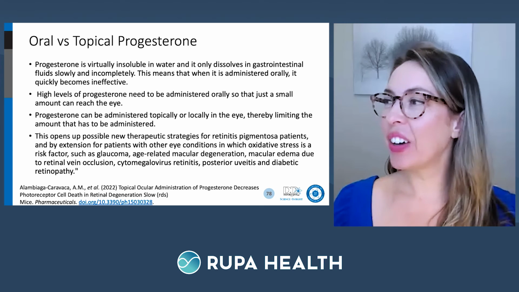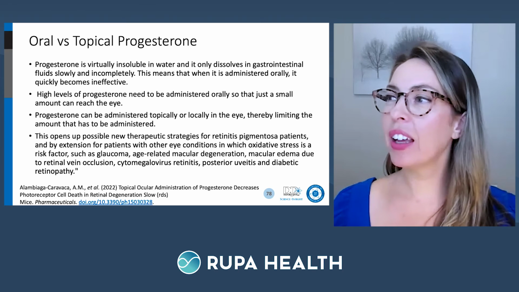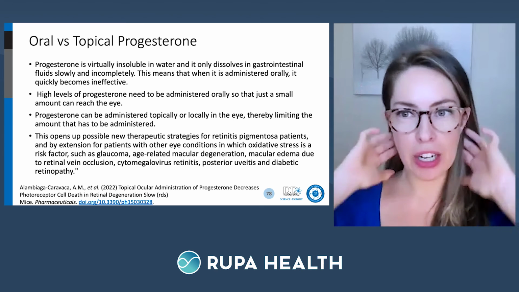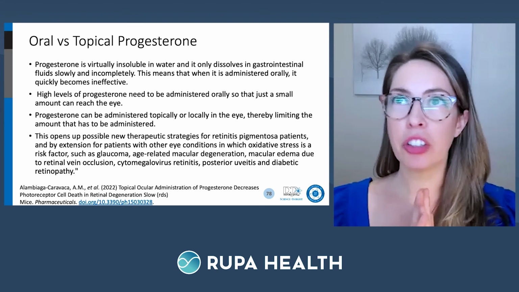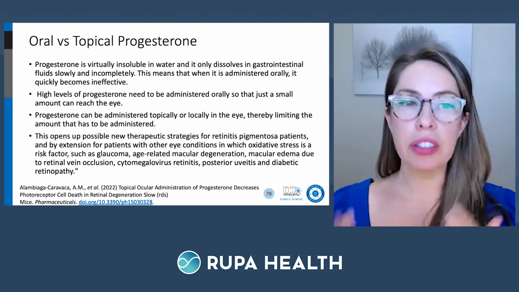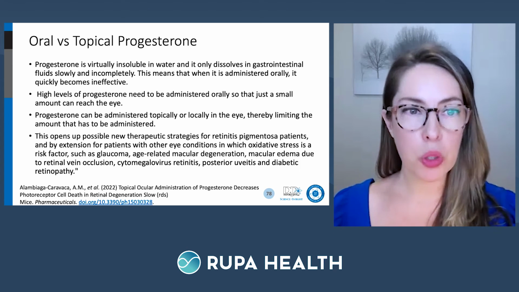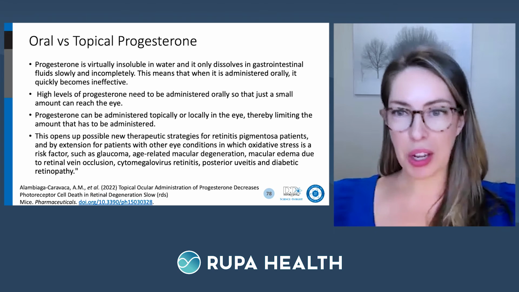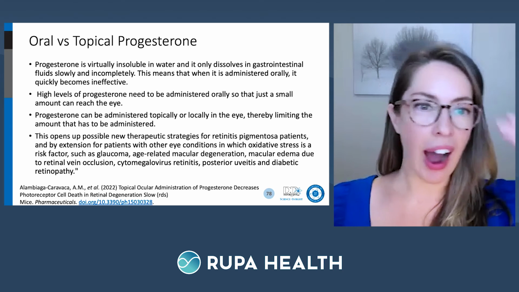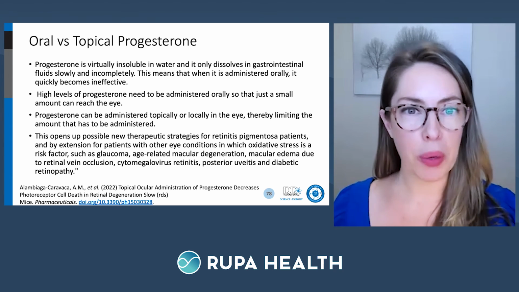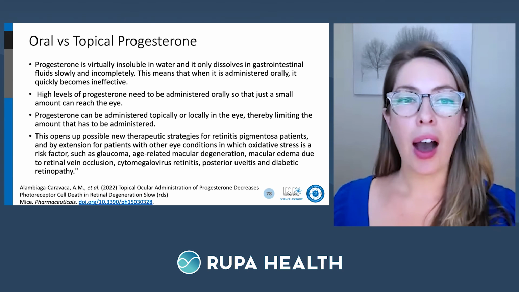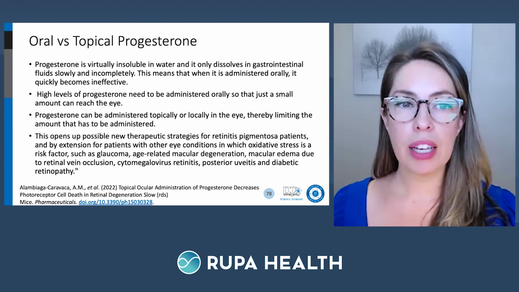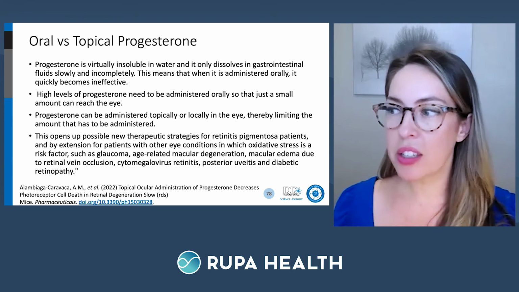So what I'm doing here is just kind of reminding you, and after years of looking at all this research, I get nervous when we're using oral progesterone, thinking that it's going to reach the tissues, the eye, the brain, the breast, the uterus, wherever we need it to, because it's virtually insoluble in water, as the study is showing you.